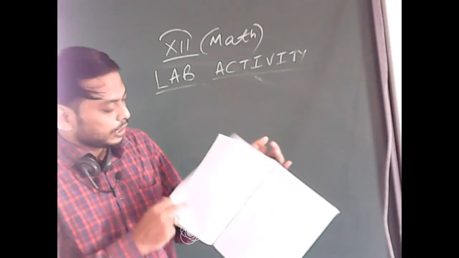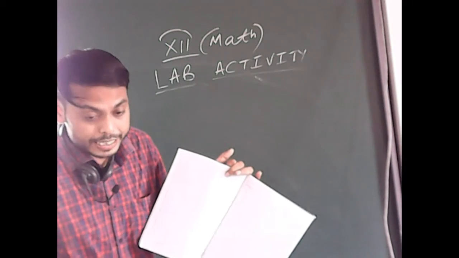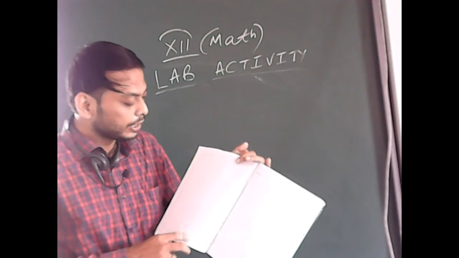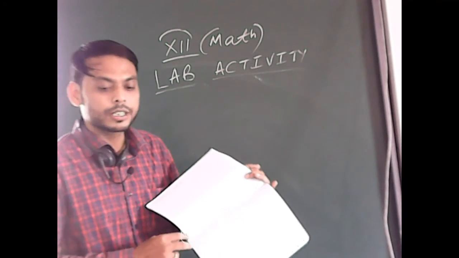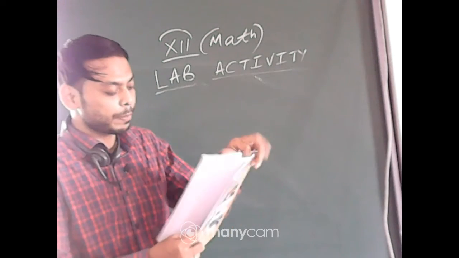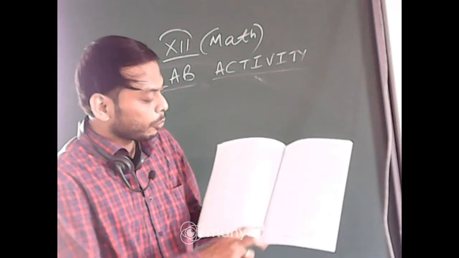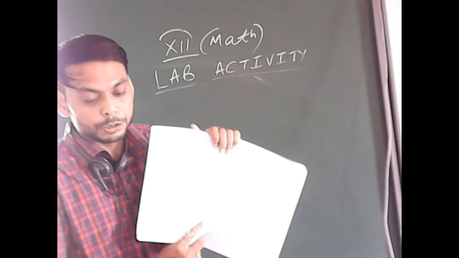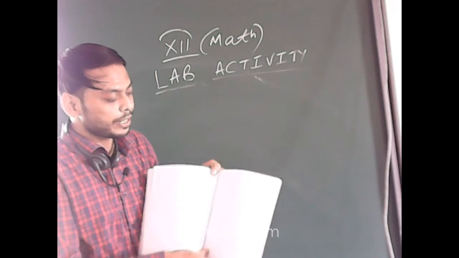Then suppose this page is not required for pasting or drawing anything, then you may write in this portion also, because there are a limited number of pages given in this practical book. So you may use this left white blank page for writing also, and then this portion is also given to you for writing.